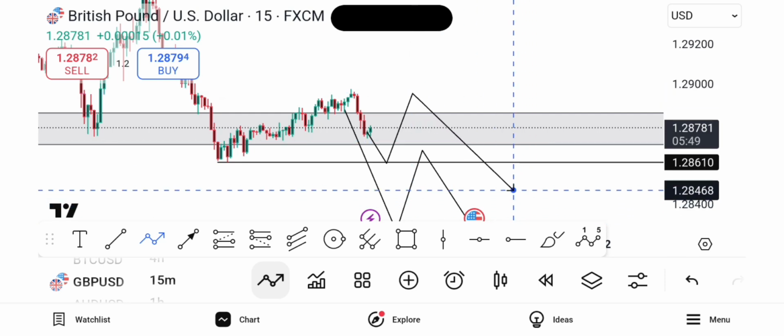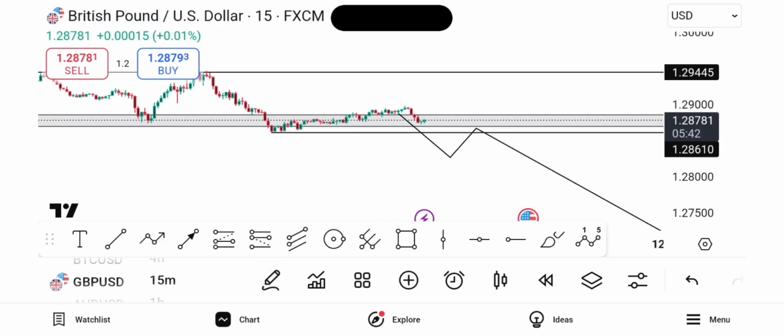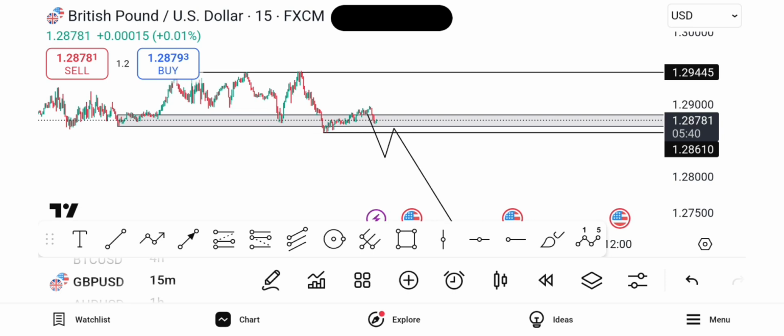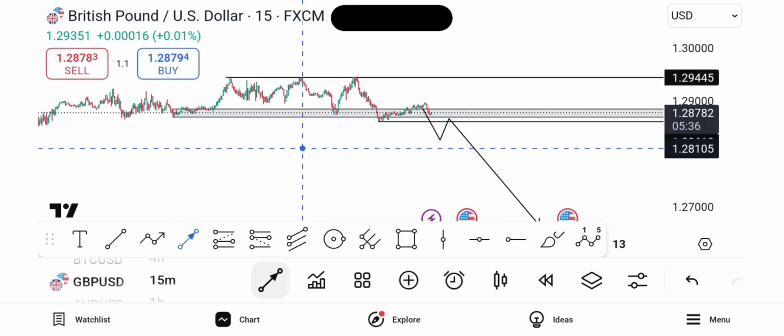That's what we are seeing here, because this market is running for a sell.